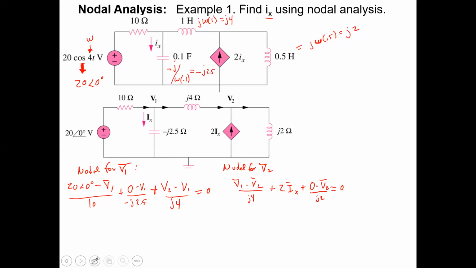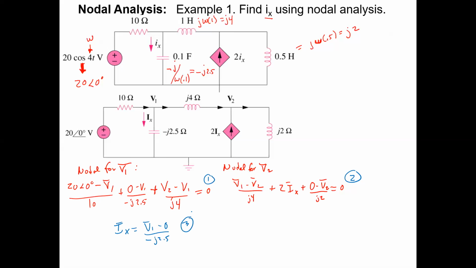So this was our first equation. This is our second equation. And our third equation is that Ix is going to equal V1 minus 0 over minus j2.5. So you now have a system of 3 equations with 3 unknowns you can solve in FreeMat.